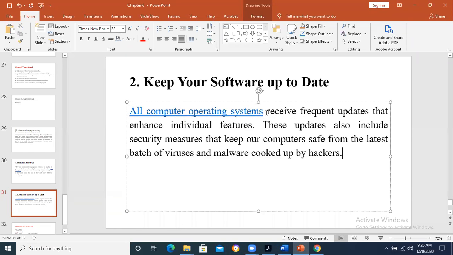All computer operating systems receive frequent updates that enhance individual features of the computer system. Why are we making updates? To enhance the features. Right now, if my Windows does not have that security feature that has been added in the upcoming update, then when I click on that update, the update will be done automatically.